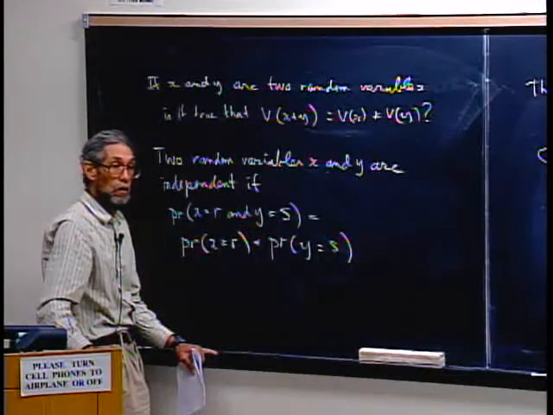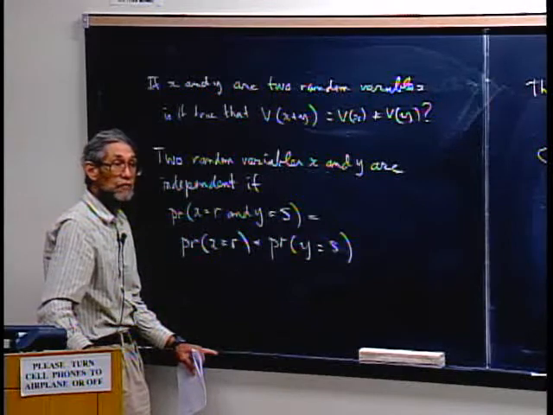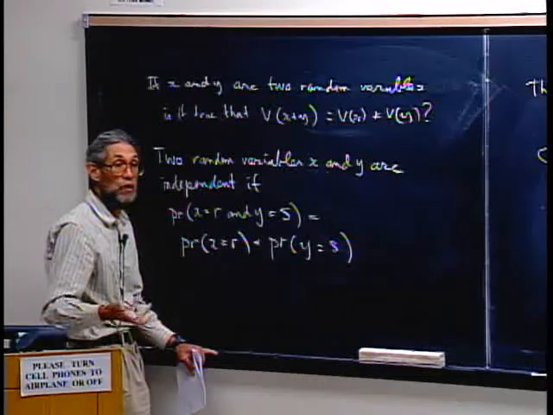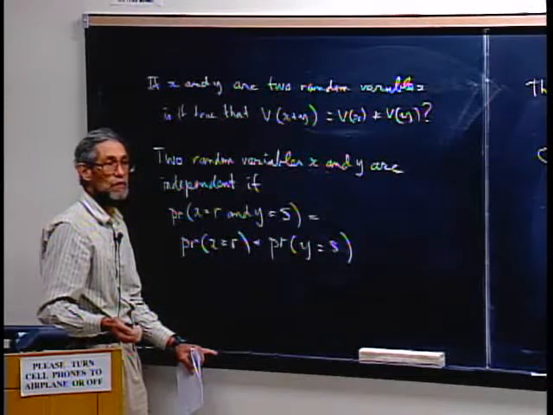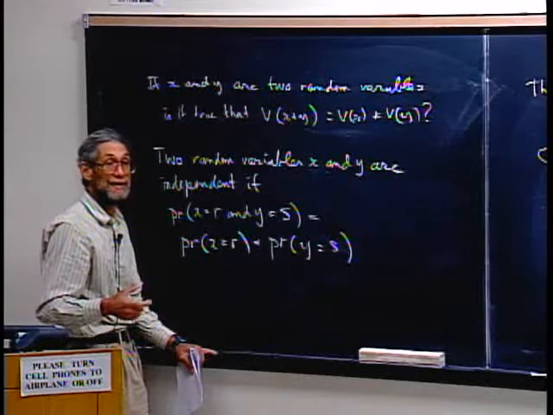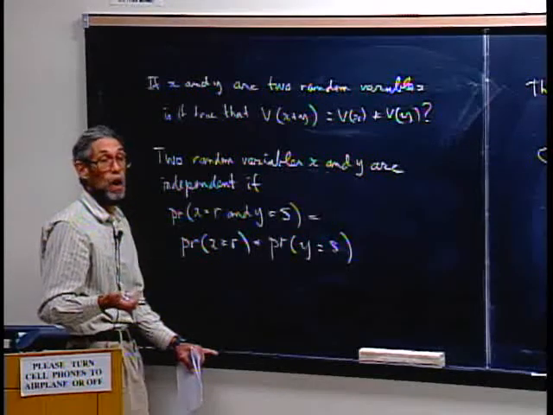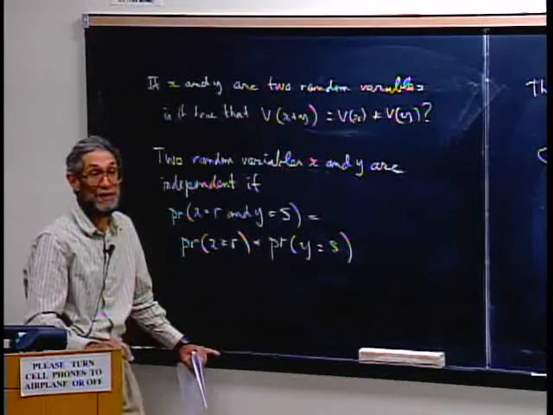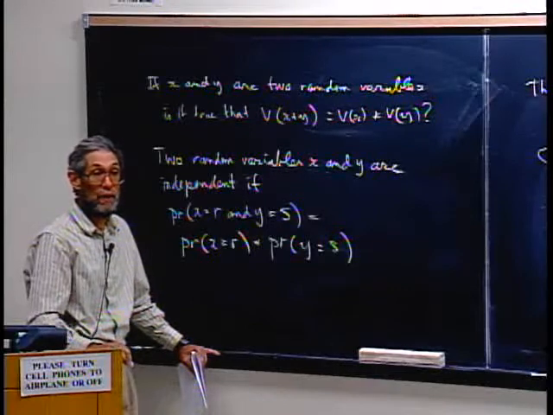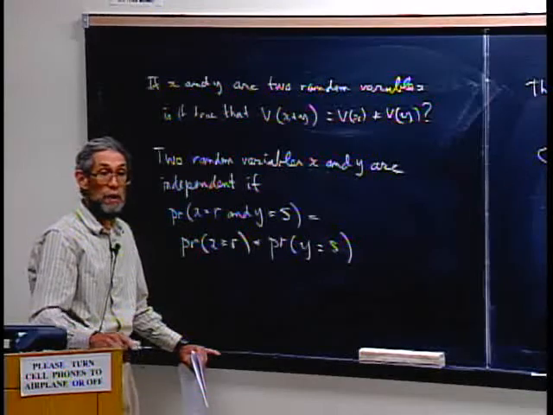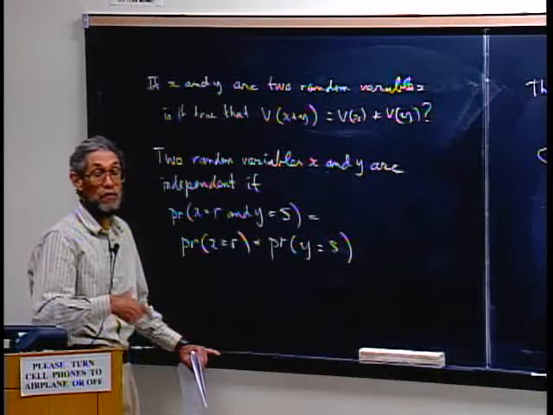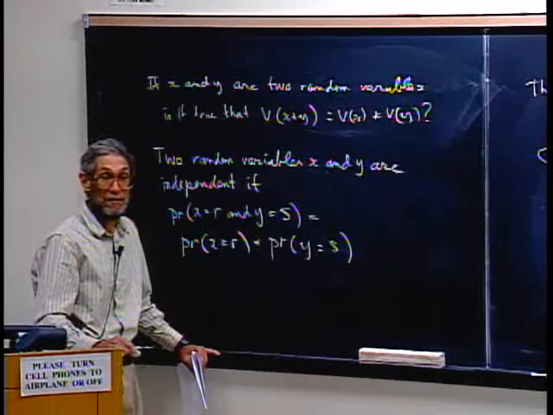Okay, so if I had two dice and I threw them, and there weren't some sort of mysterious magnets connecting them where the first toss affected the second toss, they'd be independent, right? The probability that I get 1 on the first and 3 on the second would be a 36th, one of 36 equal chances.